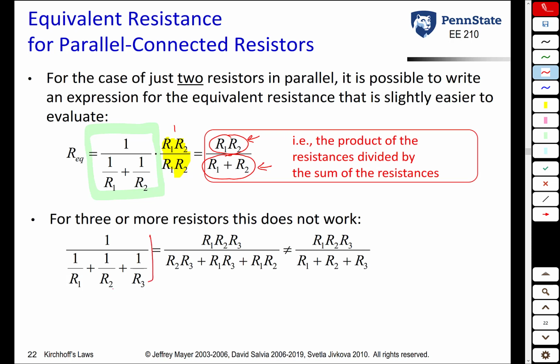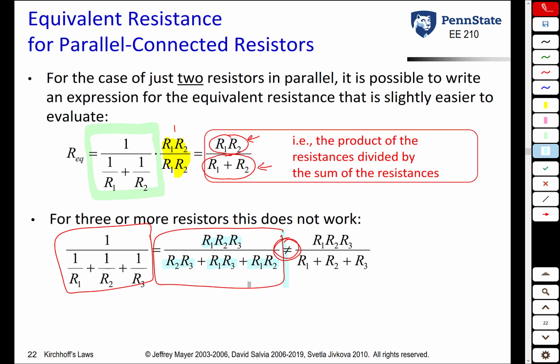If you have 3 resistors in parallel, you get 1 over R1 plus 1 over R2 plus 1 over R3. You work that out, it's actually this relatively complicated expression here, which is not the same as the product over the sum. So notice it's a product over a sum of subproducts: R2 times R3 plus R1 times R3 plus R1 times R2.